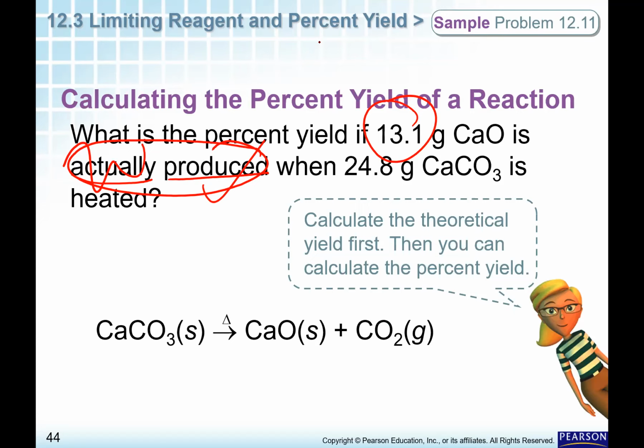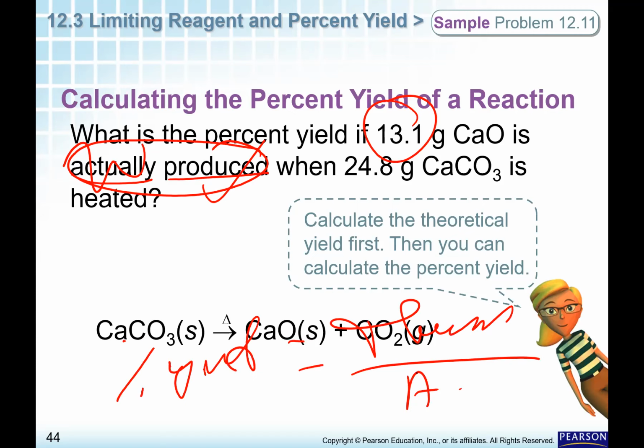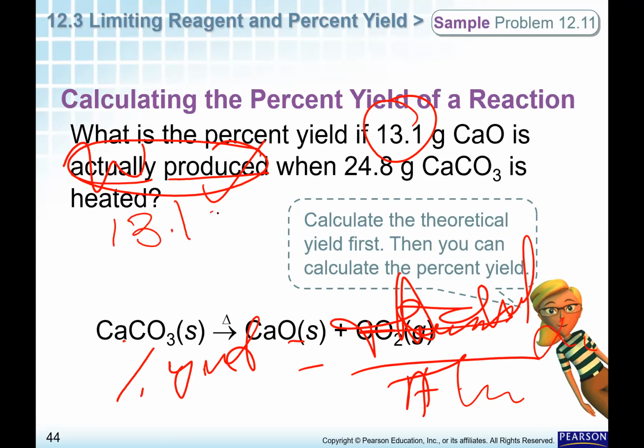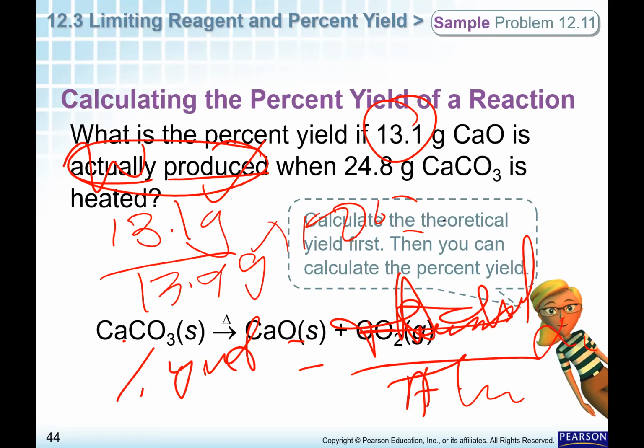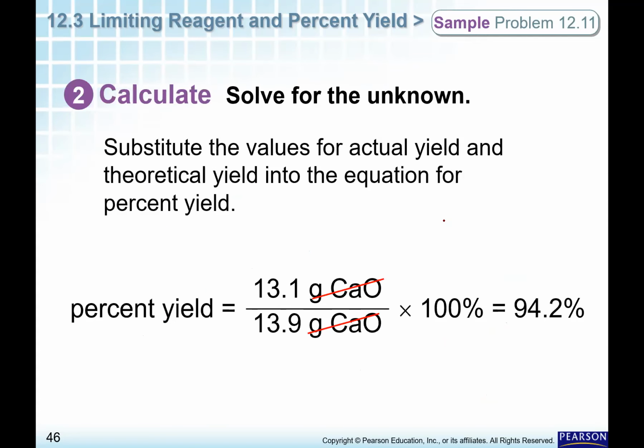So if your actual yield is that, what is your percent yield? It is equal to the actual divided by the theoretical times 100%. So that will be 13.1 grams divided by 13.9 grams times 100%, roughly around 94. So that will be 94.2%.